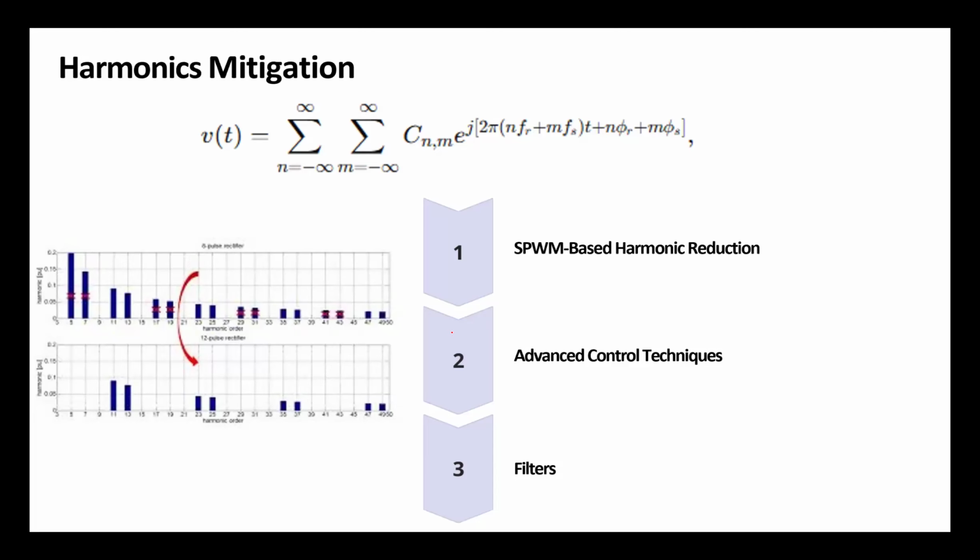We already know from the formula that we have FR, FS, phi R, and phi S plus MA, okay? So far we have 5 degrees of freedom in order to manipulate our PWM technique. If we change those factors, it would change the output of PWM. Make sense?